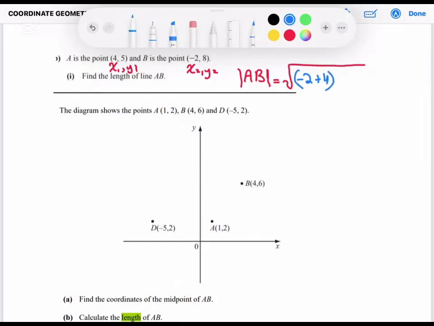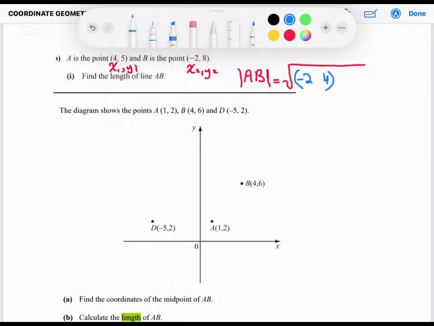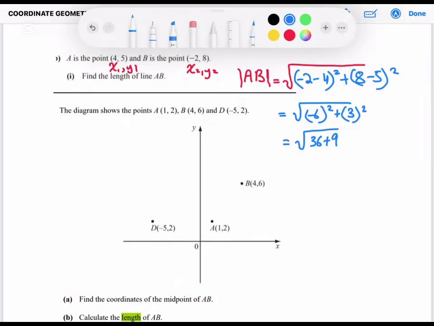Oh, sorry, x2 minus x1 will have a negative sign between them. Whole square, plus y2, which is 8, minus y1, which is 5, whole square. Now this becomes -6 whole square plus 8 minus 5, which is 3 whole square. So 6 square will be 36 and this will become 9.